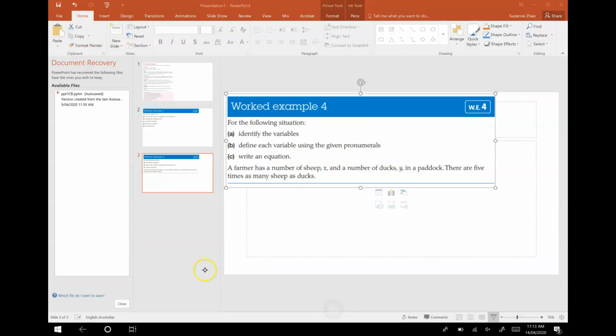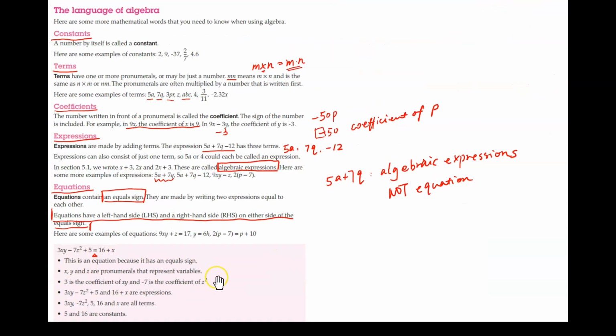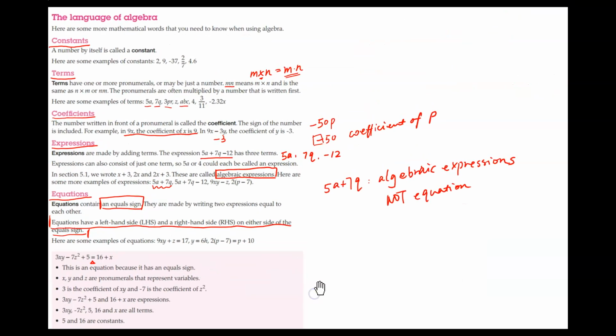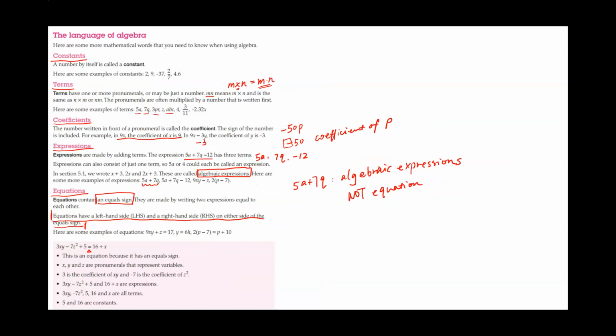So we can see 3xy here. So 3 is the coefficient of the xy term, in this term, okay? And -7 is the coefficient of z to the power of 2, okay? Because it's -7z to the power of 2, so -7 is a coefficient.